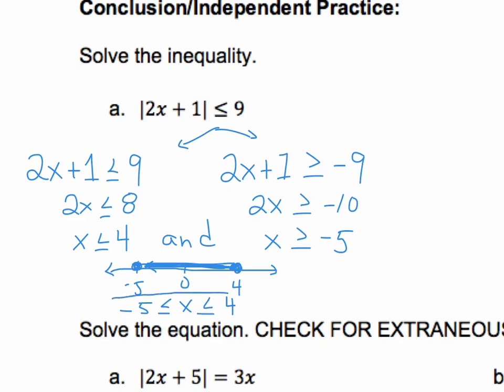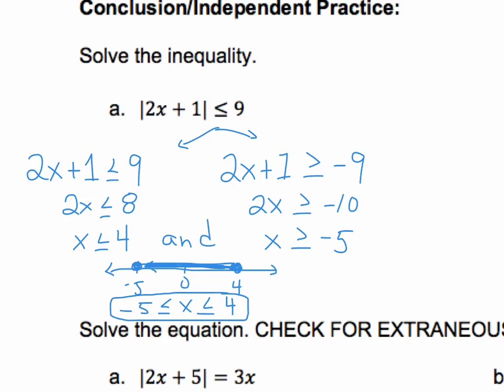That is how you're going to write your answer when it's an "and." So this, in plain old English, says x is between negative 5 and 4 inclusive. And you'll see that on your assignments for tonight, they wrote them as compound inequalities.